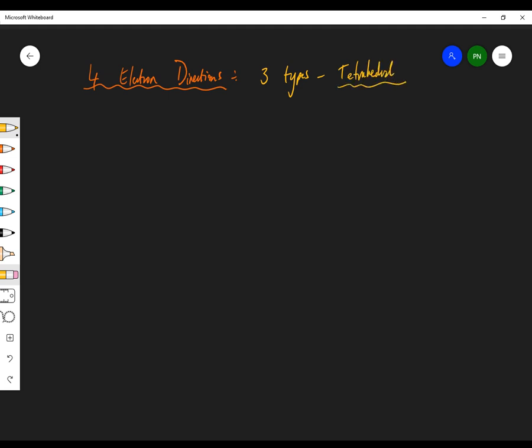So if you have 4 electron directions, it must be based on a tetrahedral. Let's separate my page here into 3. Let's put a line here and a line here.